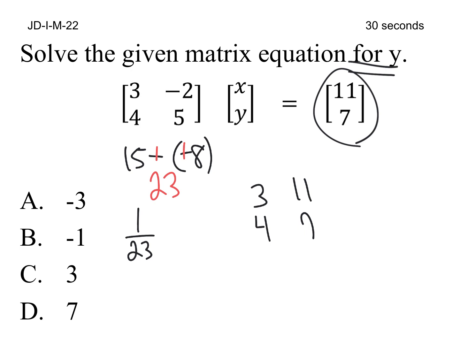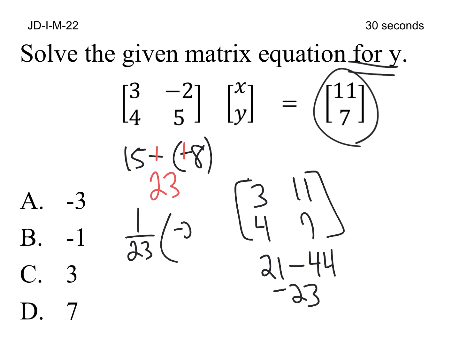Then we find the determinant of that. 3 times 7 is 21, minus 4 times 11 is 44. So that's negative 23. 1 over 23 times negative 23, you're going to get negative 23 over 23, which is equal to negative 1. That would be answer choice B.